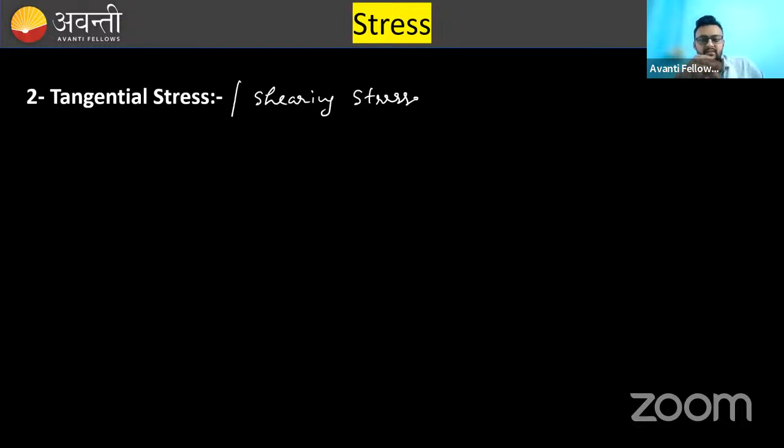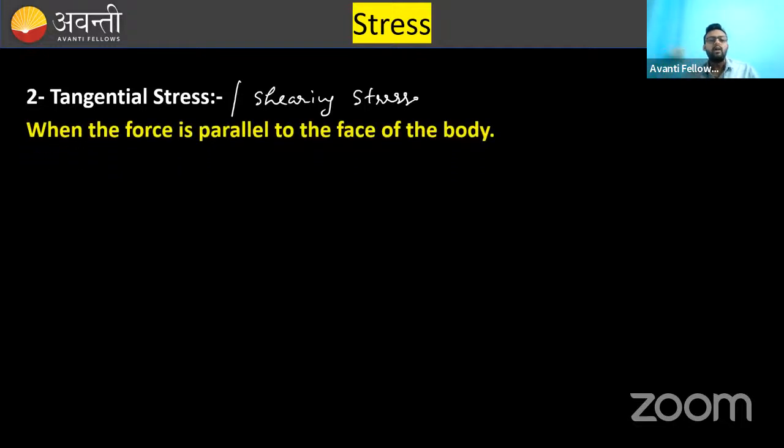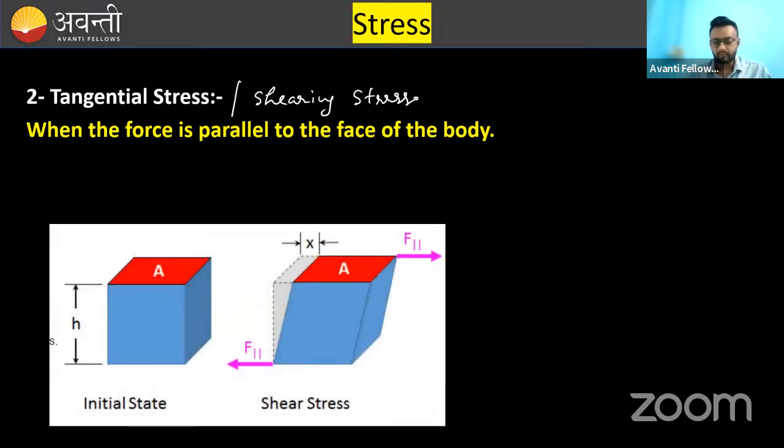In the longitudinal stress, what we have told you is that the force is perpendicular to the surface. Now, if the force is parallel to the surface, then the stress is known as tangential stress. Have a look at that. When the force is parallel to the face of the body, have a look at the diagram. Suppose, have a look at this.